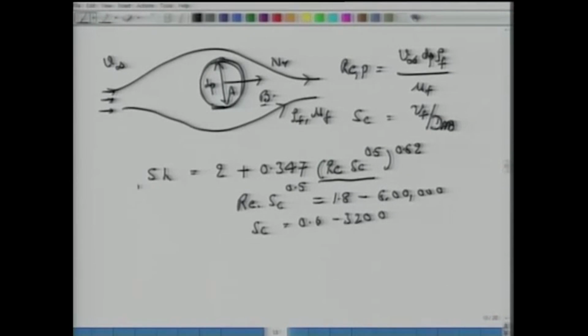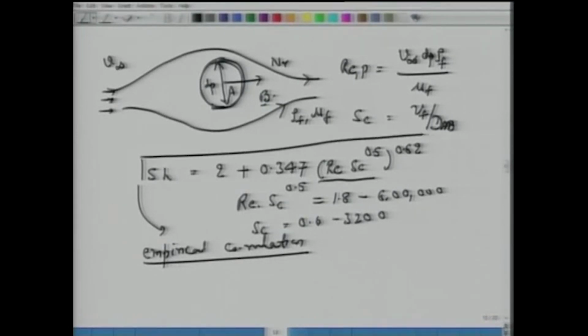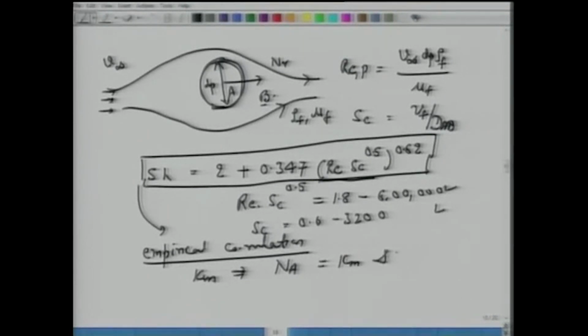Now this is an empirical correlation. All it means is that it has been obtained based on certain experimental conditions where we meet these two restrictions. Once we know Sherwood number, we can calculate Km. Once we have Km, we can predict diffusion flux NA as Km into delta C.